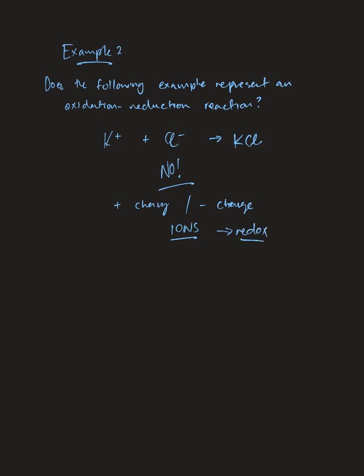That is not the case, right? What you need to understand is just because I see charges does not mean it's a redox reaction. Therefore, if we think of oxidation reduction reactions, we must understand that there must be a transfer of electrons. Right? There must be a transfer of electrons.